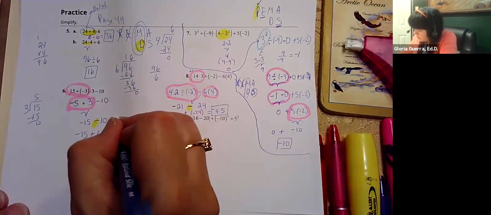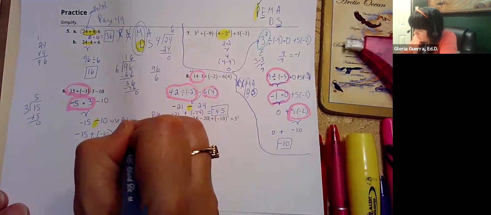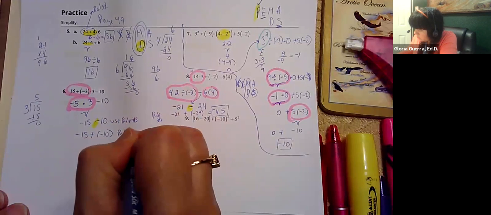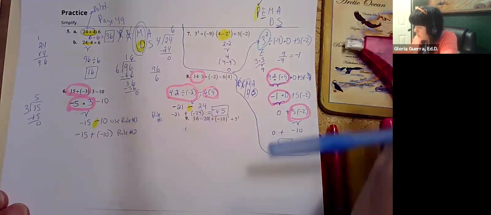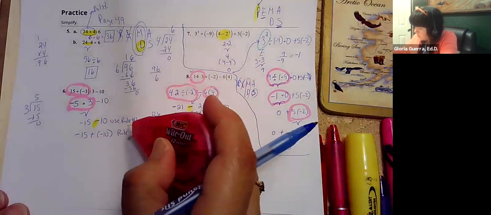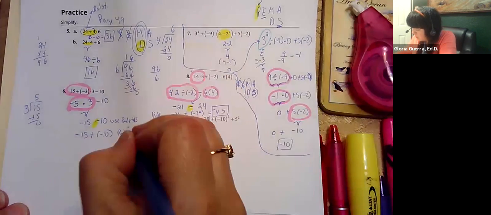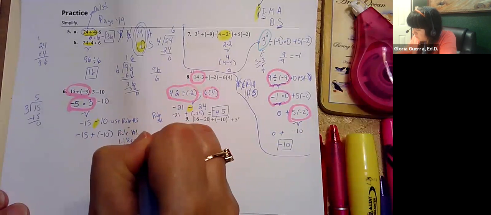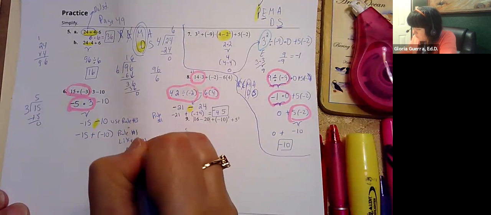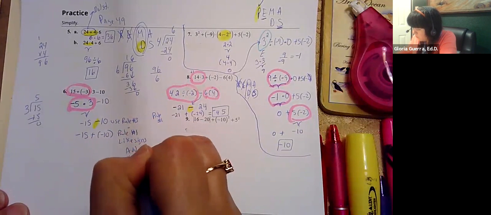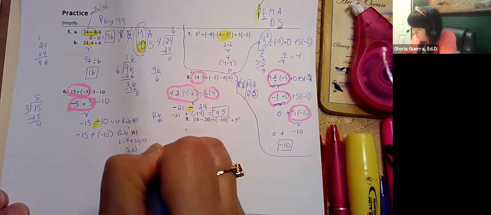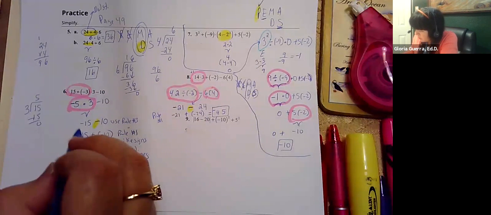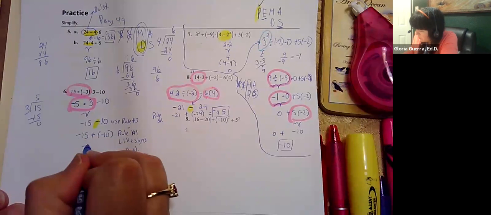Here we're using rule number 1, adding numbers with the same sign, like signs. So rule number 1 is like signs. You just add and you just keep the negative. So 10 and 15, it looks like that's going to be -25.